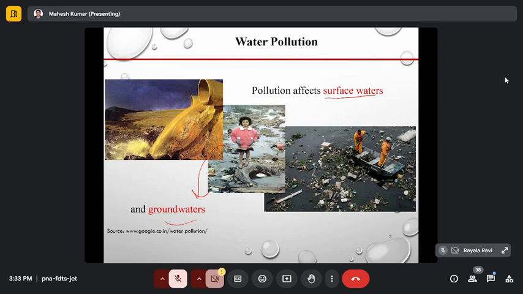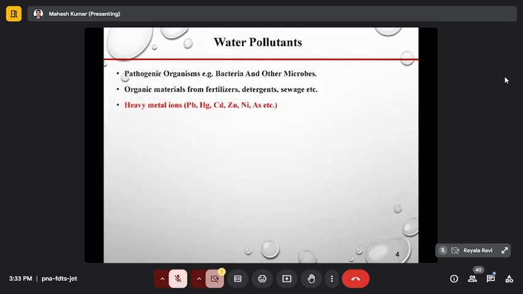Even in rivers, such as the Chambal river and others, we have often seen highly toxic heavy metals present. Broadly, water pollutants can be divided into three categories: pathogenic organisms; organic materials from fertilizers and detergents; and the third, heavy metal ions.